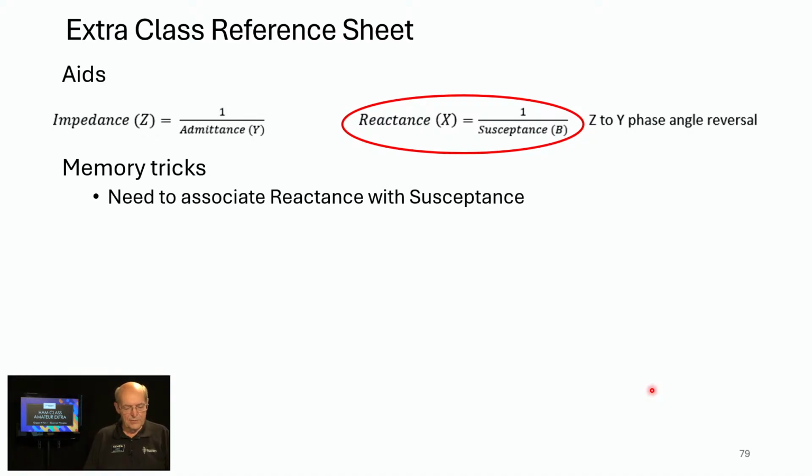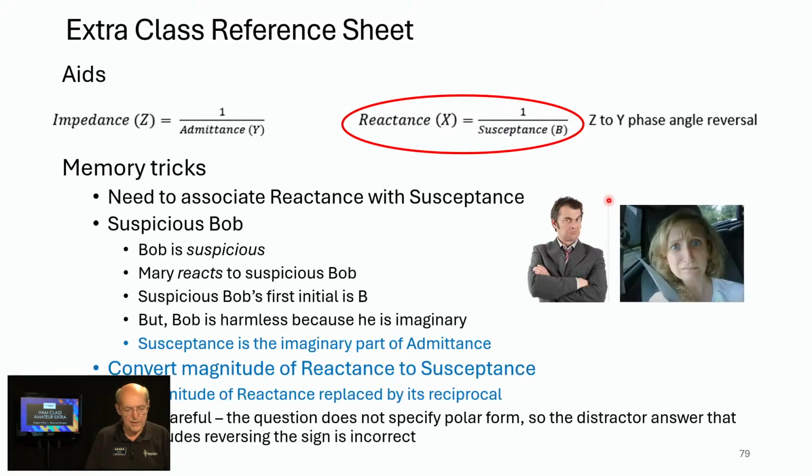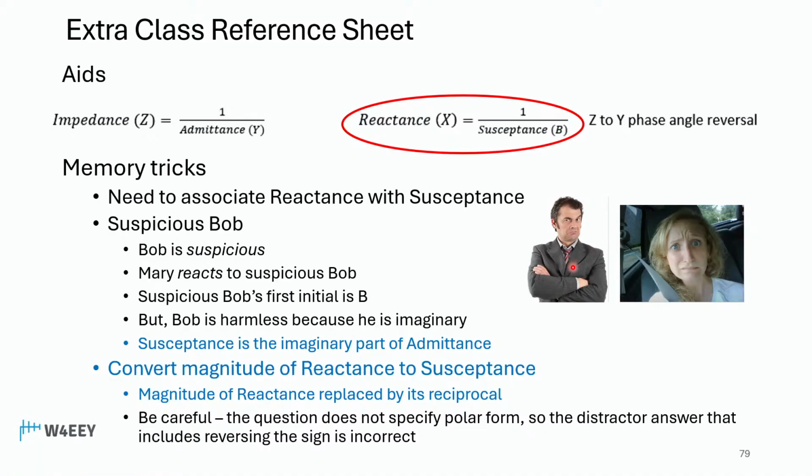Memory tricks. First of all, we need to associate reactance with susceptance, or this piece of the formula. And I've got this little story about Suspicious Bob. This is Suspicious Bob. He looks like not such a nice guy, and Mary over here is really afraid of him. So let's see how my silly story flows here.